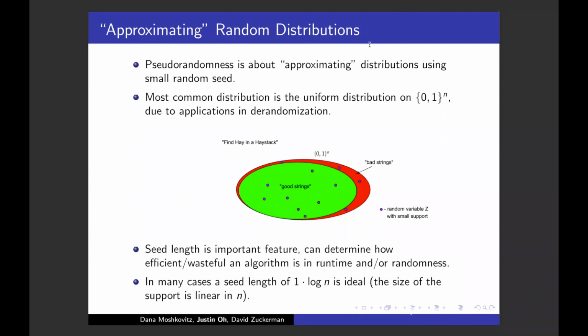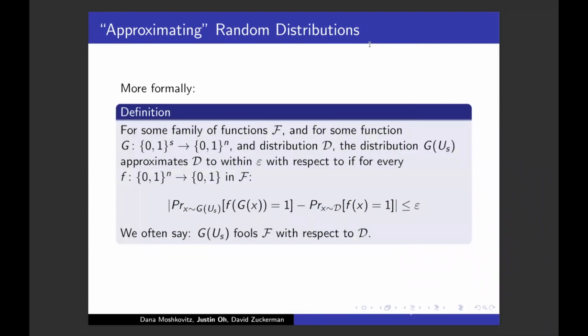So let's look a little bit more formally at what we really mean by approximating a random distribution. Let's say we have some family of functions f, and we have some function g, which stands for generator, which takes as input s bits of random seed and outputs n bits. And let's say we have some distribution d that we want to approximate.